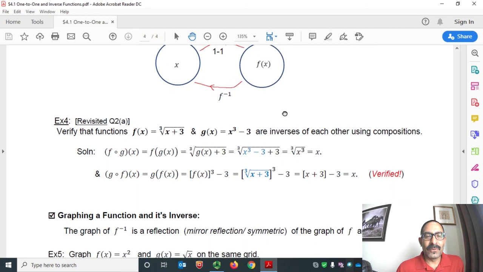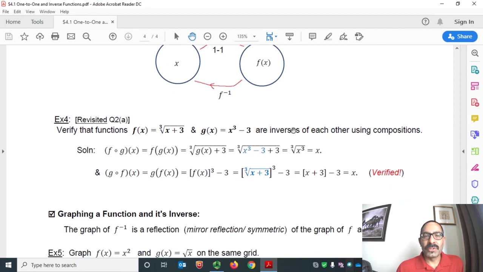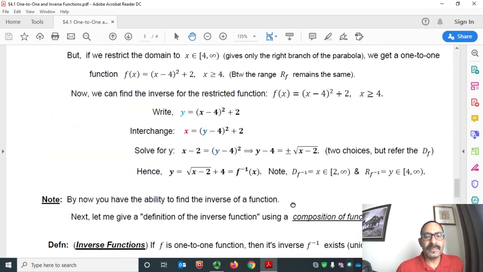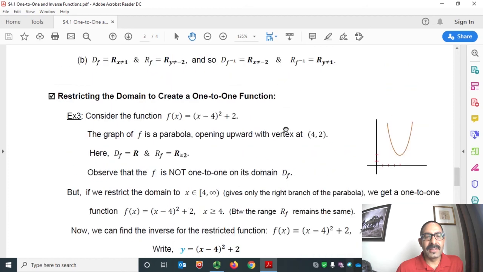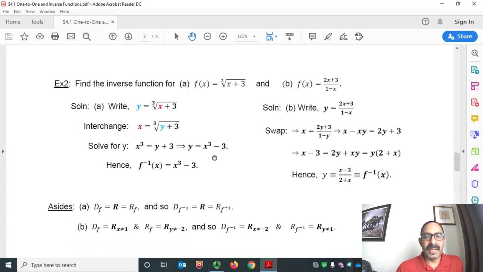Let's go to example 4. Let's revisit question 2 part A. Verify that the functions cube root of x plus 3 and x cubed minus 3 are inverses of each other using compositions. We found x cubed minus 3 is an inverse of cube root of x plus 3 in question 2 part A. Let me show it here.